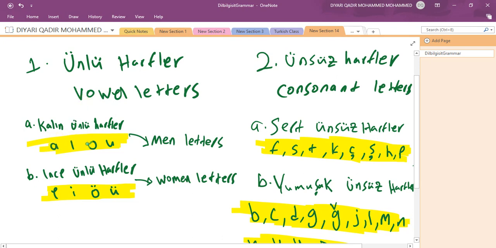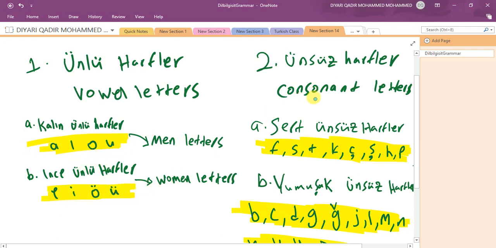When you say the letters a, ı, o, u, we don't use our tongue or our lips. For e, i, ö, ü, we also did not use our tongue or mouth. We just used our throat and made the sound.